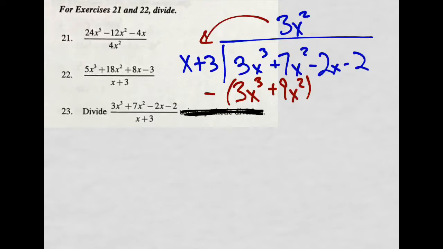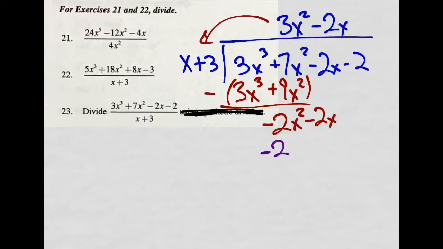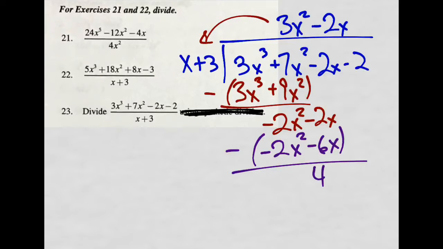We're going to subtract. So that leaves us with negative 2x squared minus 2x. So next piece would be minus 2x. Again, we're going to multiply it down and get negative 2x squared minus 6x. Then we're going to subtract, and we're going to get 4x.